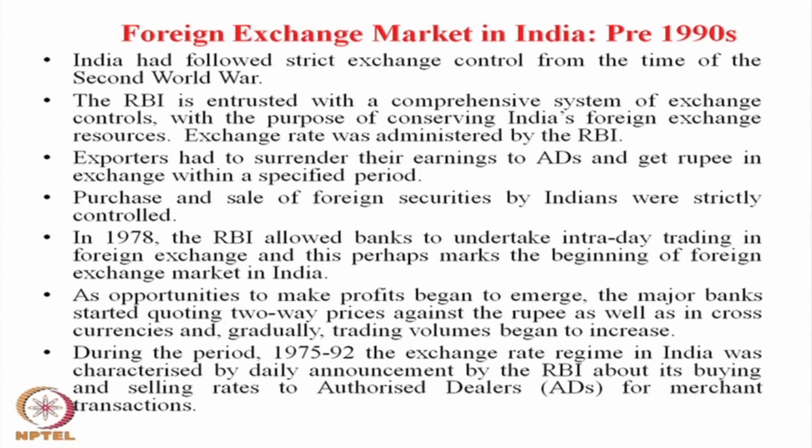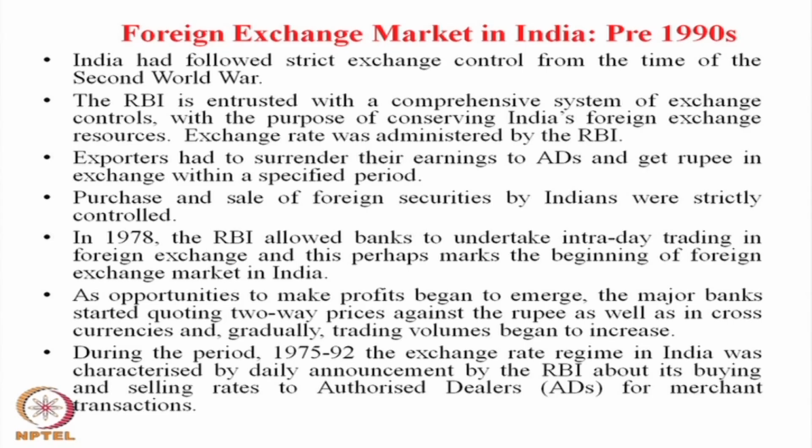As an Indian, you could not purchase foreign currency assets, you could not transfer foreign currency from India to another country without the permission of the Reserve Bank of India. The conversion and the requirement of foreign currency were decided by the RBI: for which purpose we need the foreign currency, and what the rate will be, was decided by the RBI.